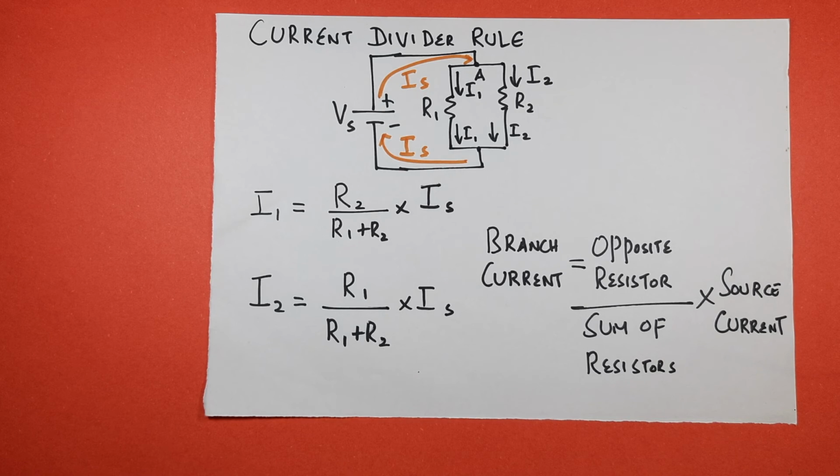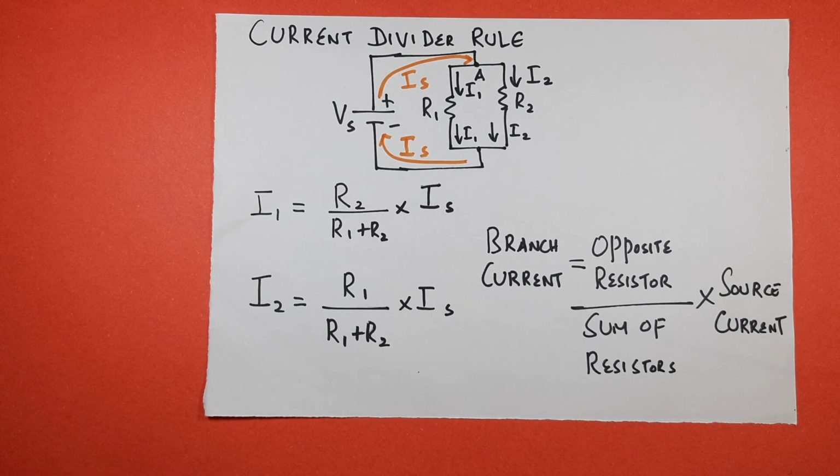Sum means total. Don't find any equivalent resistance. Similarly, in the voltage divider rule also, it is the sum of the resistors. Don't find out the equivalent resistance. So the branch current equals opposite resistor divided by sum of resistors, multiplied by source current.